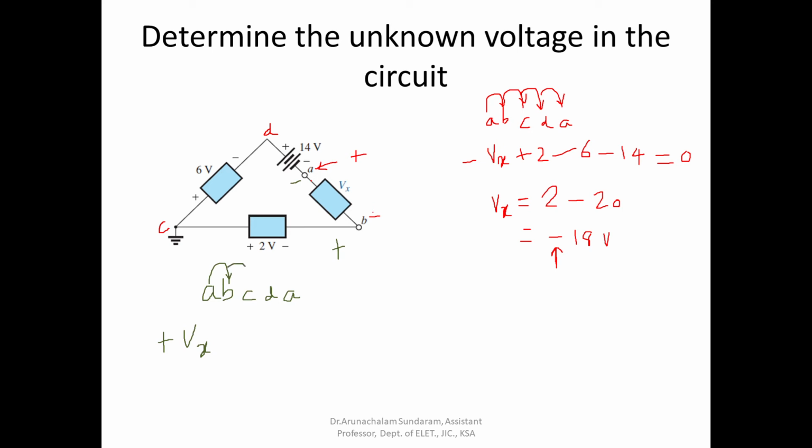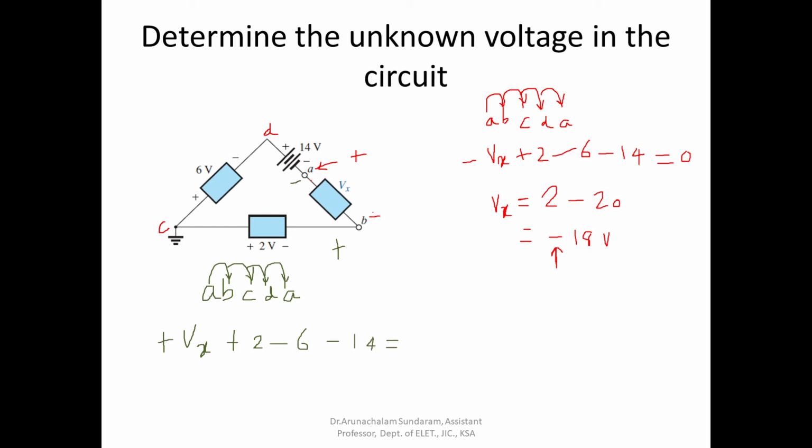Now move from B to C. It is a voltage rise, so it becomes plus 2. Now move from C to D, from plus to minus, which means a drop, so minus 6. Now move from D to A. It is a drop, so minus 14 equal to 0.